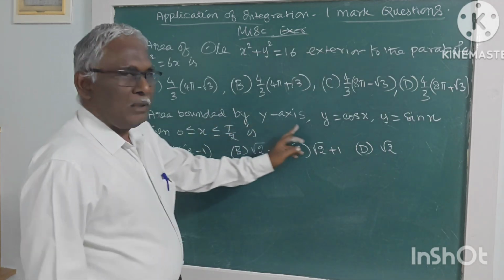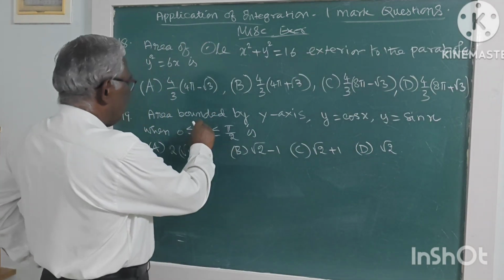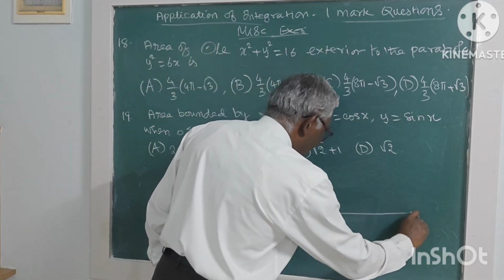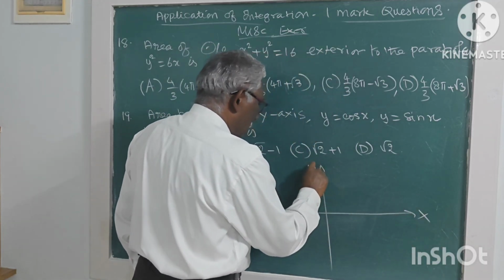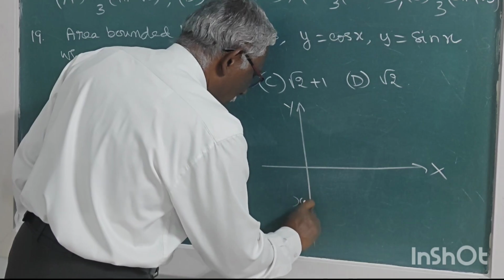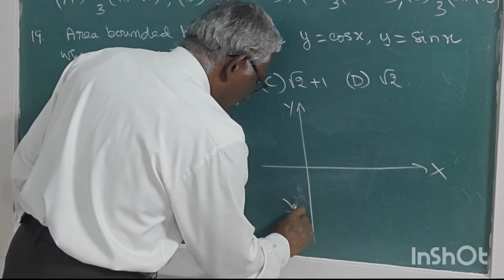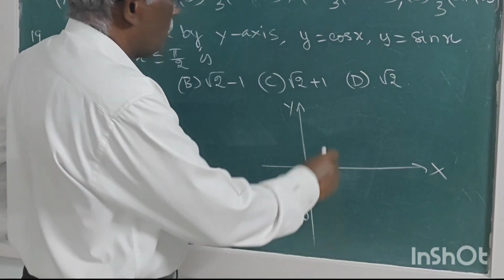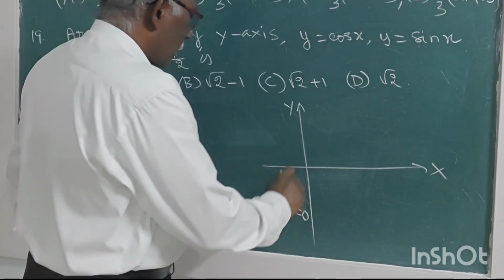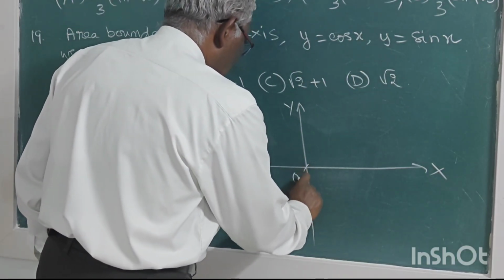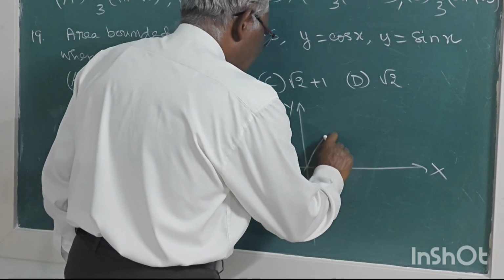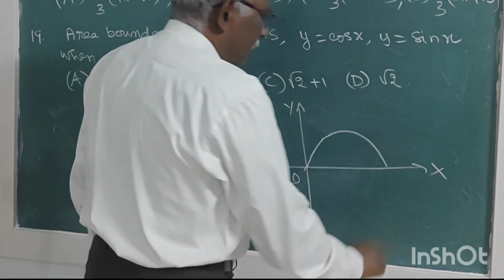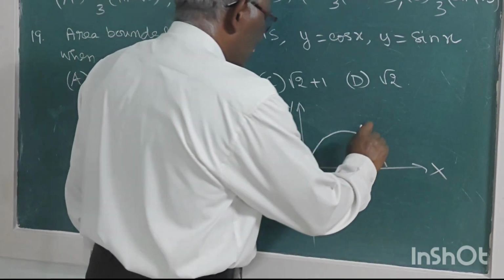So first we will do this problem, the 19th one. Area bounded by the y-axis, x is equal to 0, y is cos x and y is sin x. So this is 0, this is the graph of y is sin x.